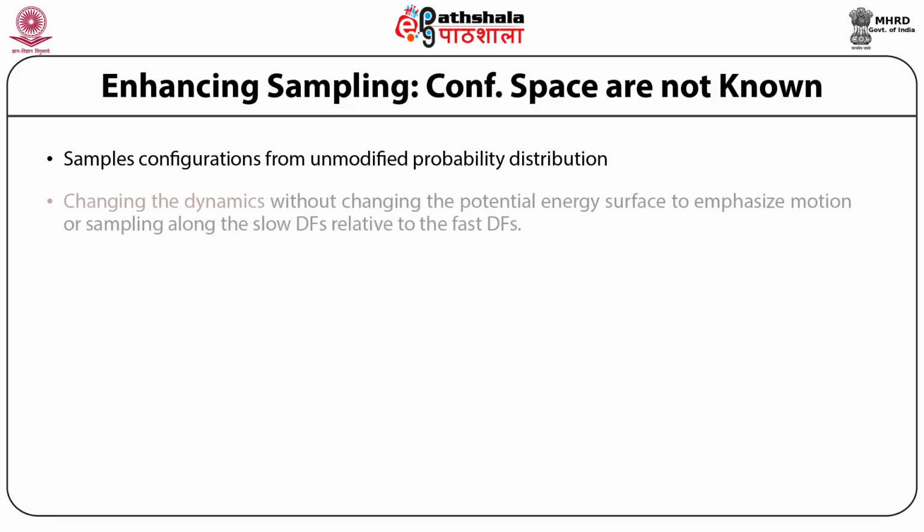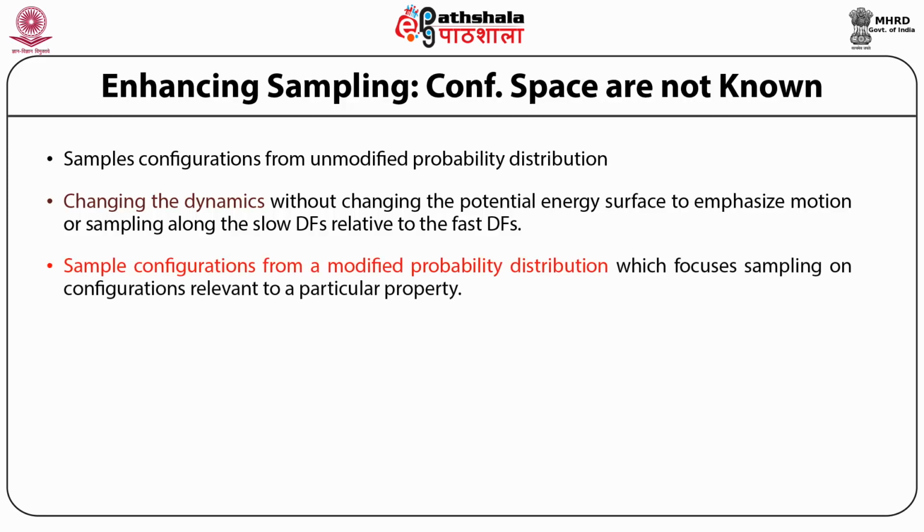One is, let us change the dynamics. That means we sample across slow degrees of freedom. Where the motion of the molecule is very slow, we should search more of those conformers, and for very quick motions we will get a lot of fast conformers. Another is that the sampled configuration is changed with a modified probability distribution.